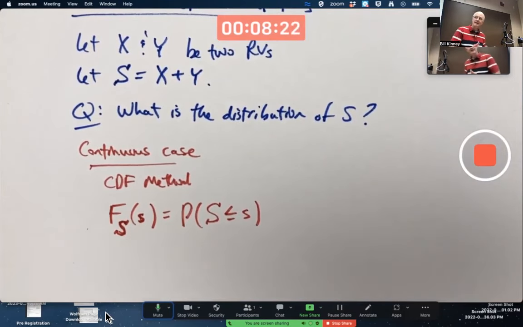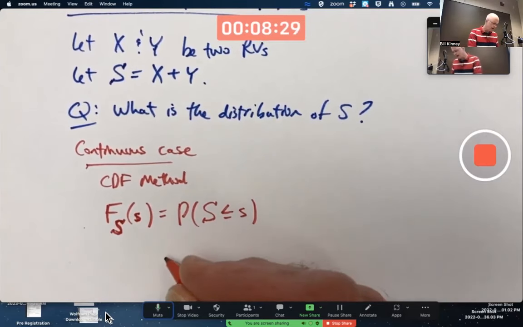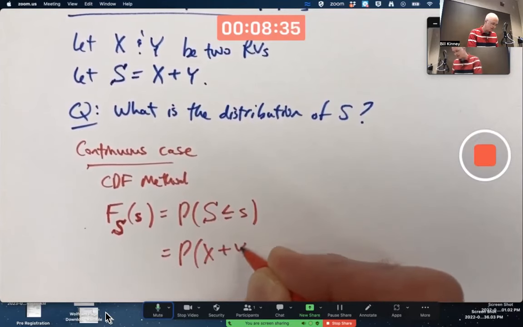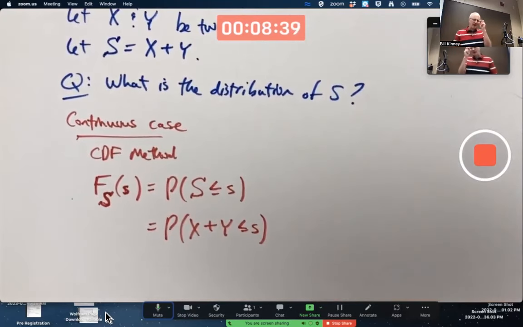The way you calculate it depends on which it is. So how are we going to calculate this here? Well, what is S? S is x plus y. So I have to figure out the probability that x plus y is less than or equal to s. How in the world can you possibly do that?